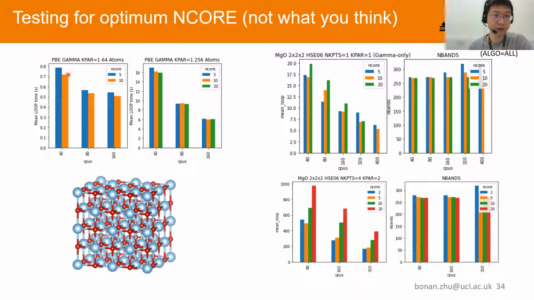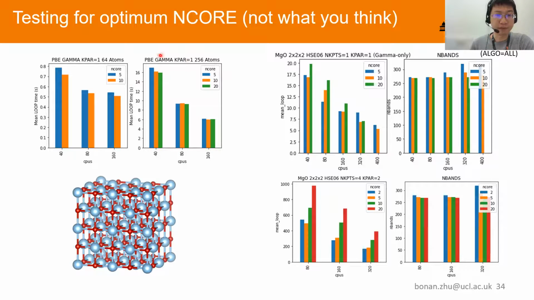In this example, I changed NCORE, which changed the timing slightly. Using NCORE equals 10, i.e. a 10-way G-vector parallelization, with no K-point distribution because this is a gamma-point-only calculation, is slightly better than using NCORE equals 5.